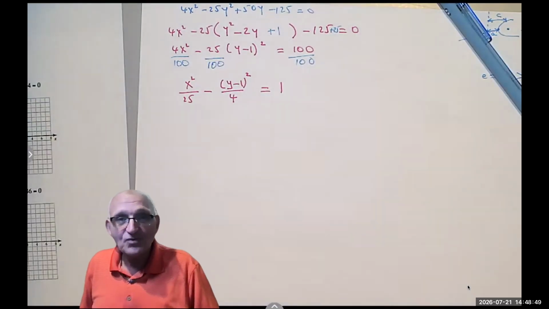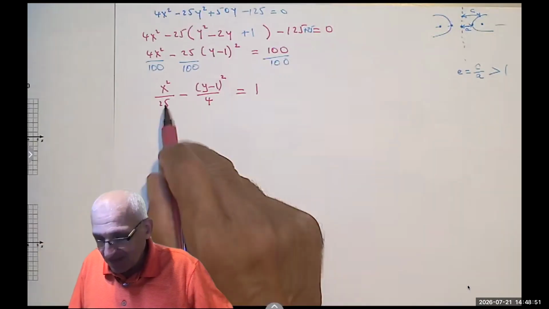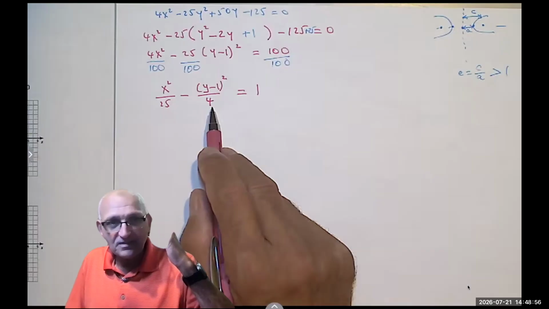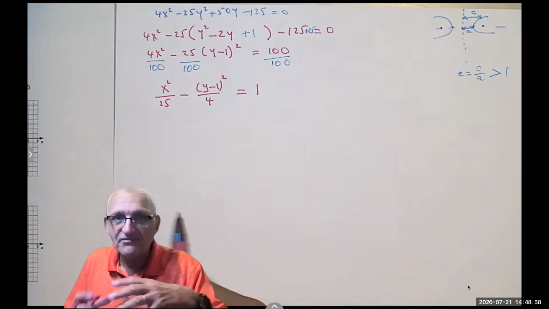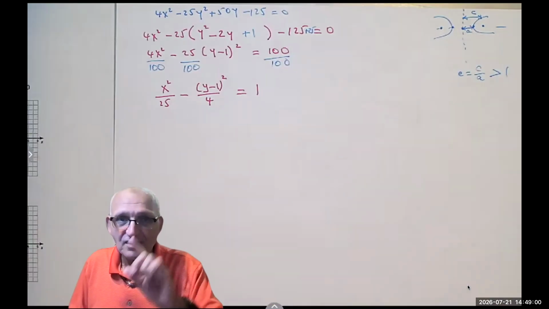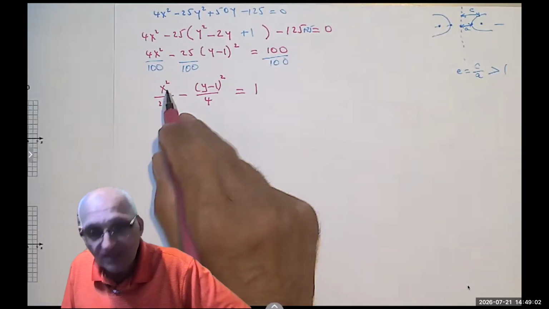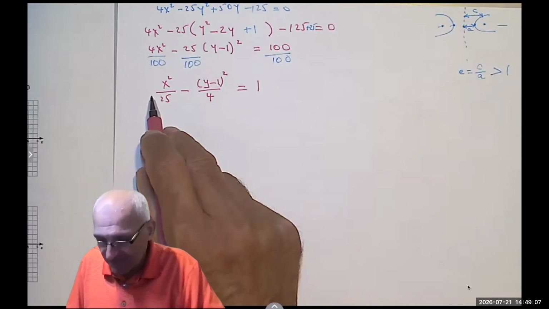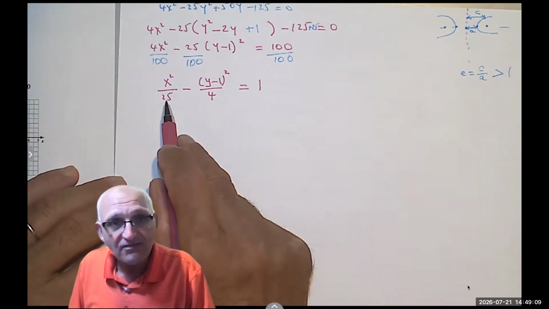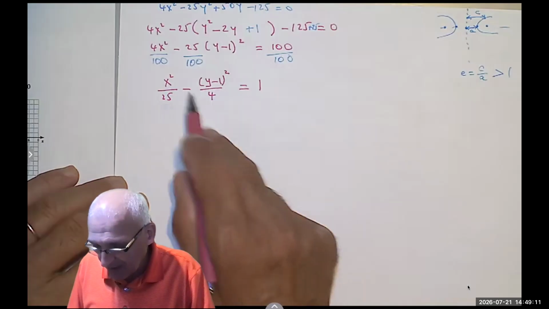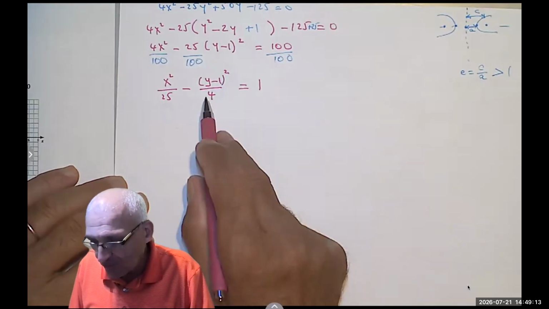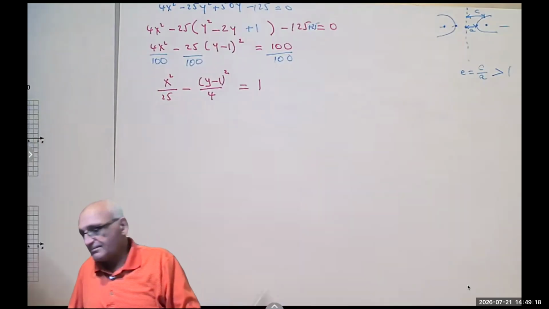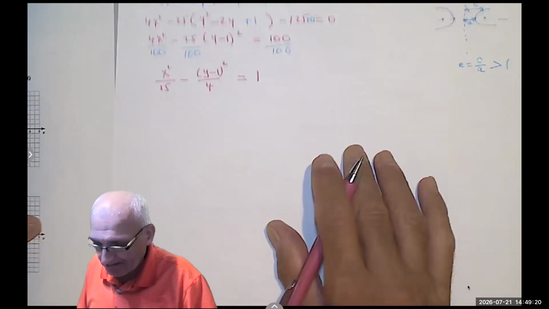I don't care which one is larger, like I did in the ellipse. In the ellipse, the larger one tells me if it's opening horizontally or vertically. Here, no. It's always going to open in the direction of the positive number, because you can think of this as x squared over 25 plus (y minus 1) squared over negative 4, and the 25 is larger. So that's another way to think of it.